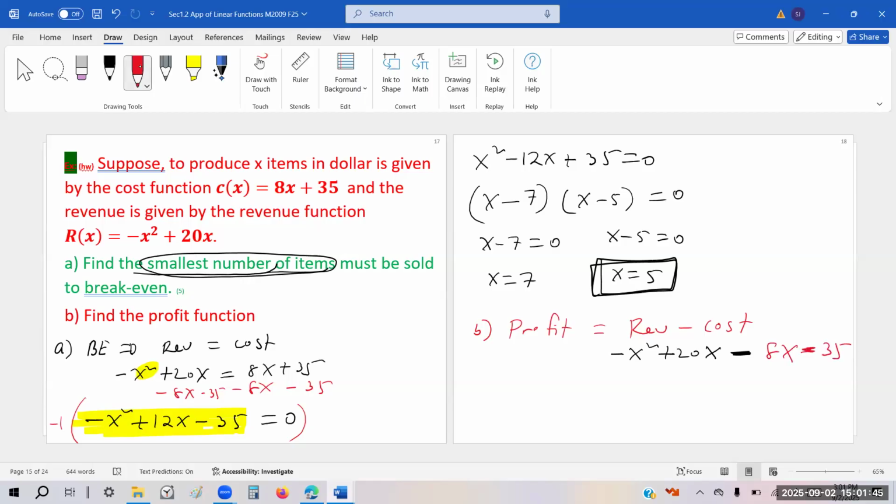When you subtract a cost, the sign is changed in the cost function. It doesn't have any equals to 0. On the left side, you have P of x, and on the right side, you have your function. So the function they're looking for is negative x squared, positive 12x, negative 35.